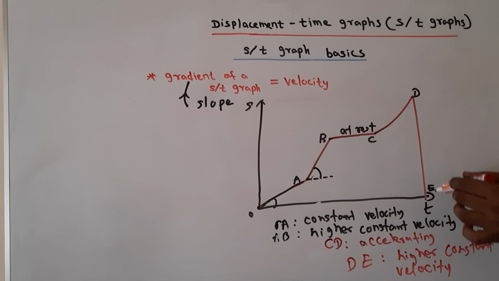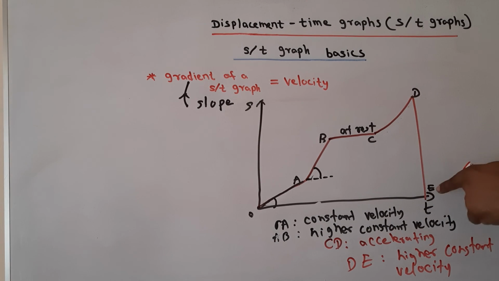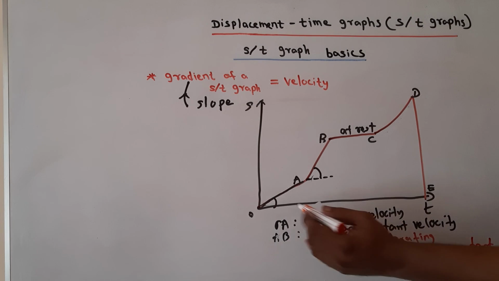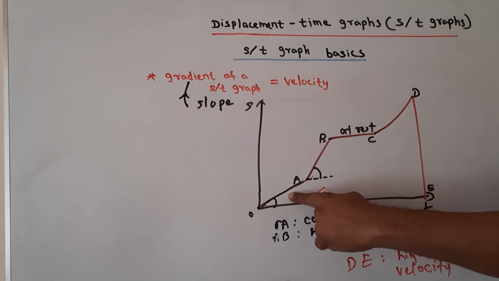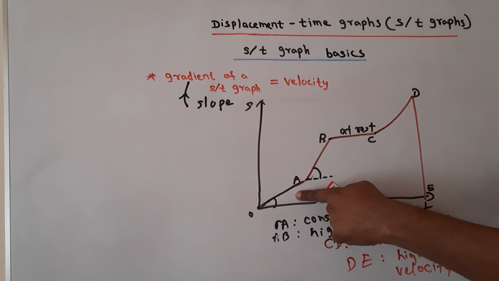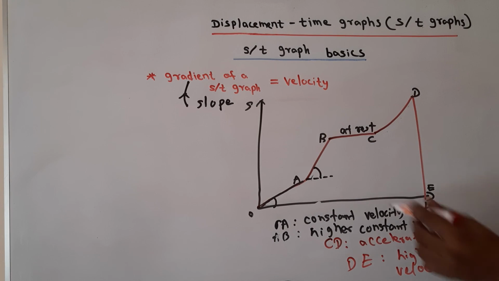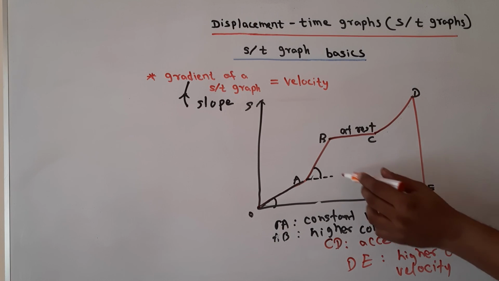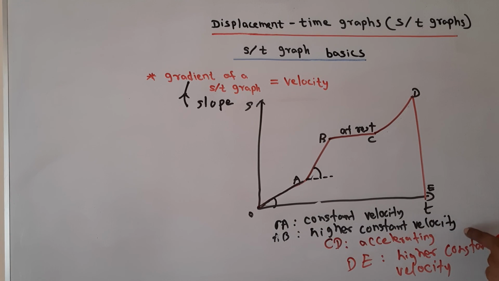Actually, this velocity is much higher than AB because it seems steeper. Again, look: straight line, constant slope or constant gradient, therefore constant velocity. Again, a straight line with a steeper slope, so gradient is much greater, that means higher constant velocity.